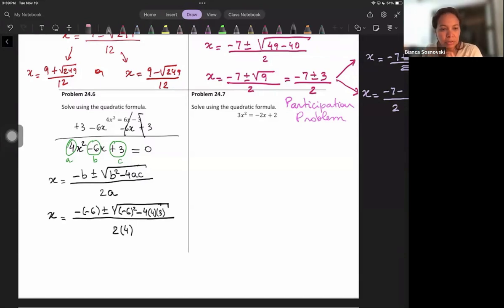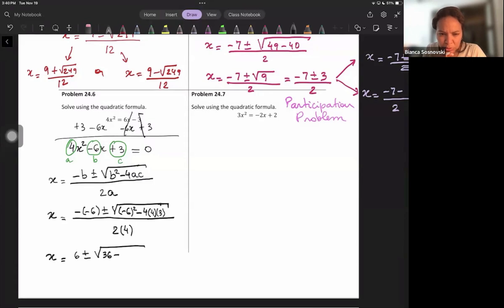Okay, so now let's do the operations. Everything is just numbers, no more dealing with algebraic manipulation. So we have that x is minus negative 6, plus 6. So we have 6 plus or minus. The square of negative 6 is positive 36. And then we're going to have minus something because, as you can see there, we have minus and everything else is positive, so it's a negative sign in that multiplication.